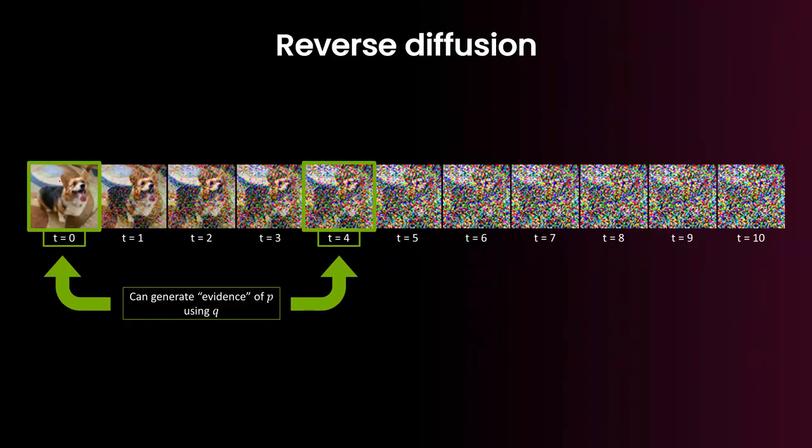So we don't know the distribution of this photo, but we know that there is an image with this distribution. Whenever we use the Q distribution of this noise step as evidence, as I said, the dependency is reversed: the image at timestamp t is a sample of the image at timestamp t minus 1.